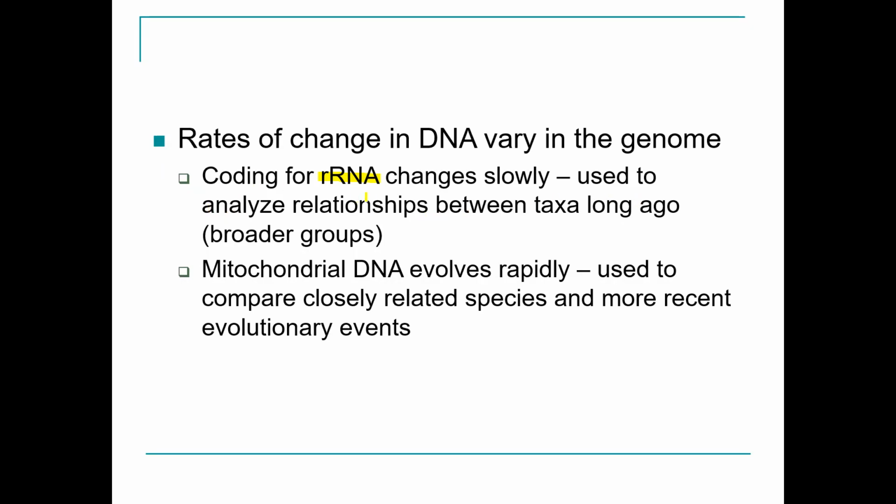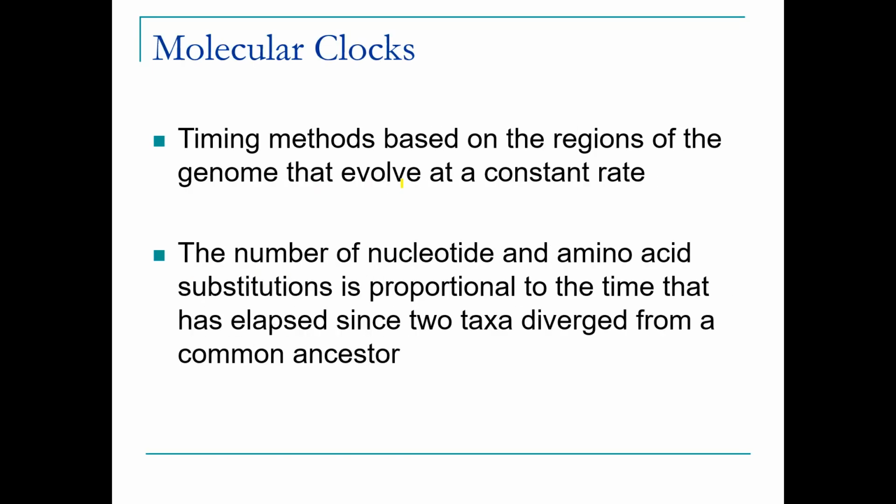It's relatively steady and mutates very slowly, whereas something like mitochondrial DNA, which is that DNA specifically in the mitochondria, it gets mutations very rapidly. And so if they're trying to compare organisms that are more recently linked, they might compare their mitochondrial DNA sequences. If they're trying to compare organisms that are more distantly linked, they may look at rRNA sequences.